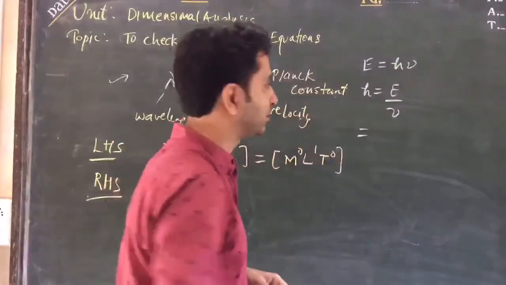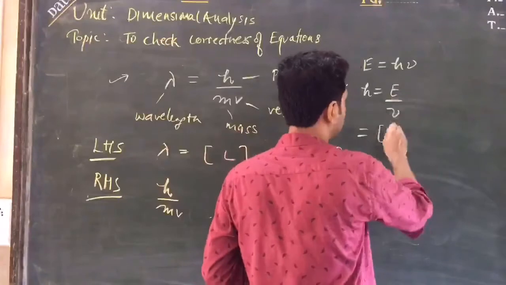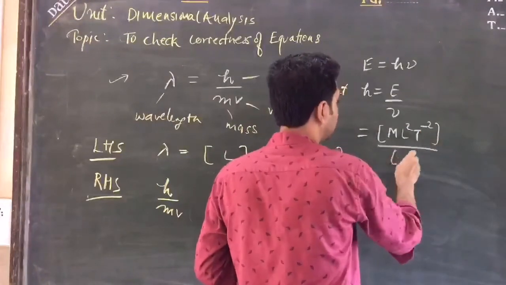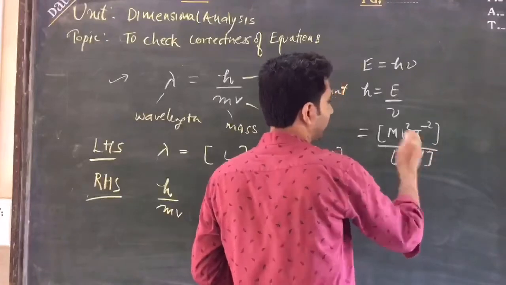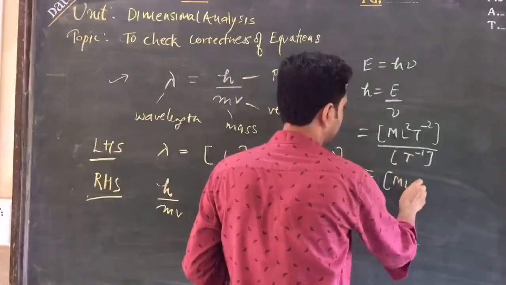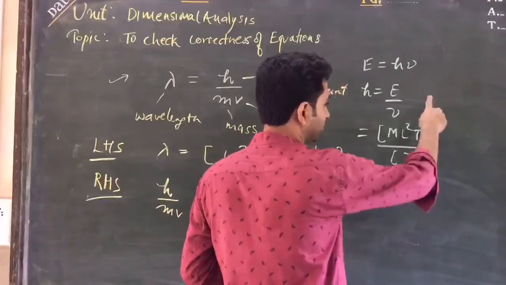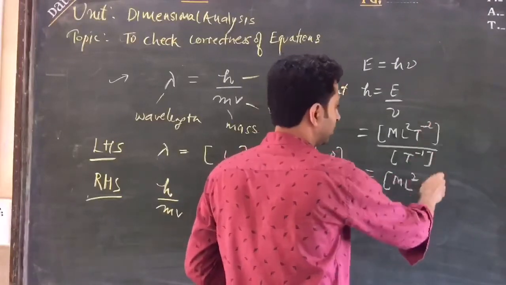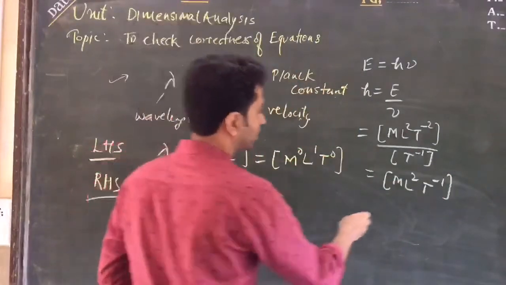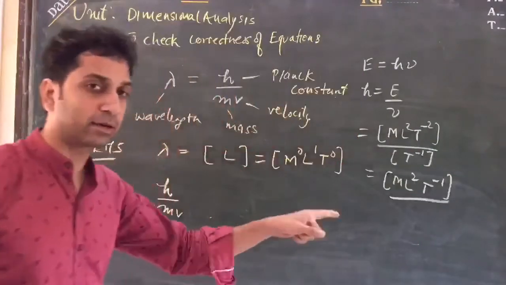The dimensional formula for energy is ML2 T minus 2, and the frequency nu is 1 over the time period, which is T minus 1. Combining all this and shifting it upside, it becomes T plus 1, so the result is ML2 T minus 1. This is the dimensional formula for the Planck constant.